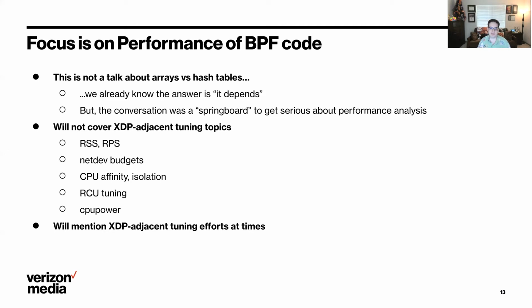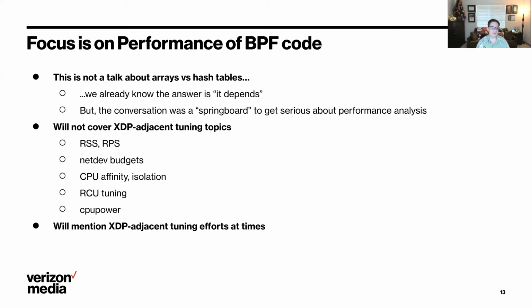Particularly in this talk, again, I'm highlighting the performance of the BPF code inside of XDP. This is not a talk about arrays and hash tables. We already know my answer is: it depends. But that was a good springboard to get serious about doing the performance analysis.